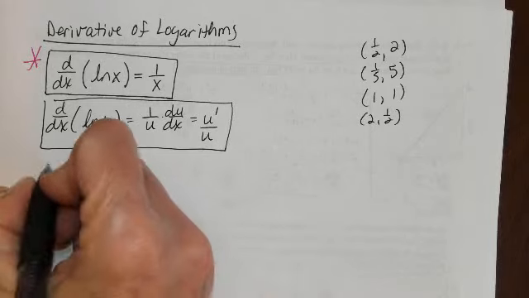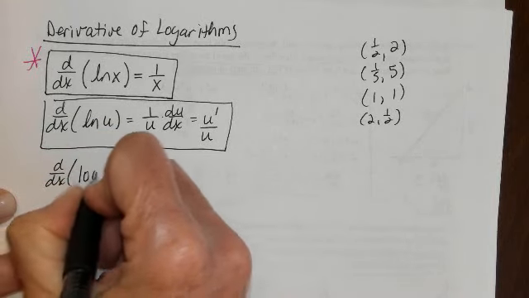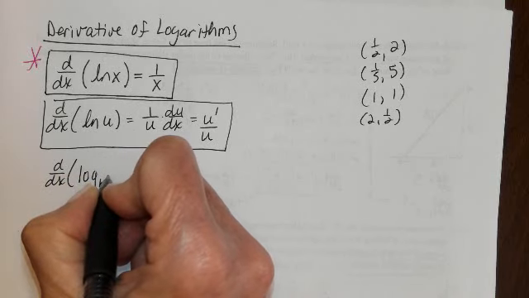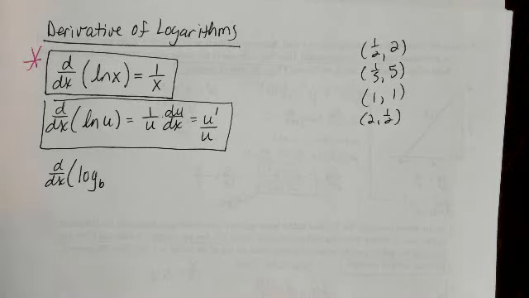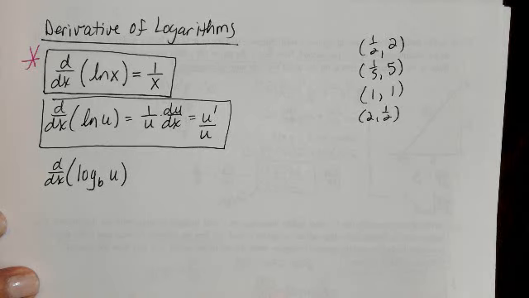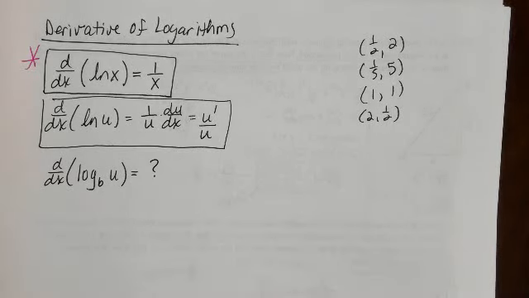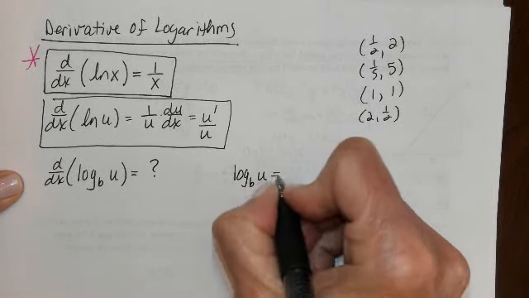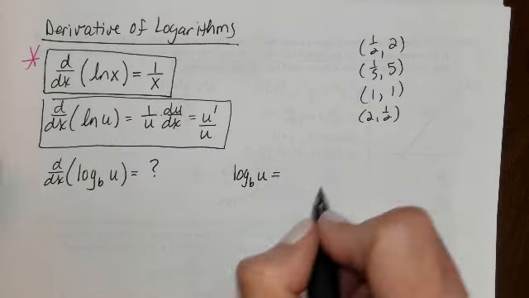Now, I would like to know what is the derivative of another base. So what if we have log base b of, should we do u or should we do x? Let's just do u. Okay. We'd like to know what that is. Let's come over here. Log base b of u. I'm going to change it because I know what the derivative of ln is. So let's change this to ln's.